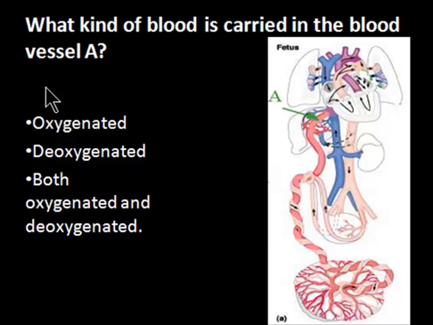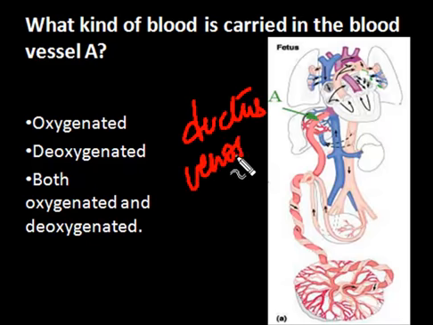Let's come back here, and it asks what kind of blood is carried in blood vessel A, and A, which you see up here, is the ductus venosus. It's the ductus venosus which connects two veins, and you can see that it is bringing blood from the placenta. What this ductus venosus does is connect the umbilical vein with the inferior vena cava, and this carries oxygenated blood, because remember, this one is the umbilical vein.